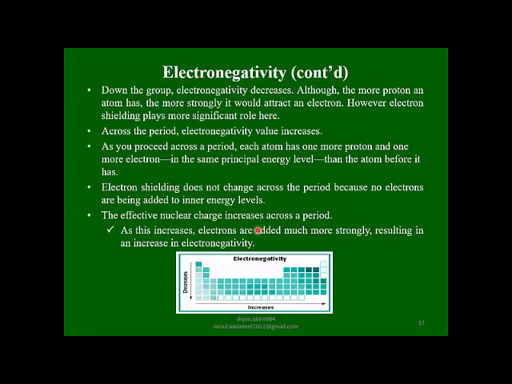Across the period, we know that metals lose electrons. Non-metals gain electrons. So non-metals have electronegativity values more than metals. So it increases like that. That explains that. We can use electron shielding to explain it, although it doesn't make much difference.